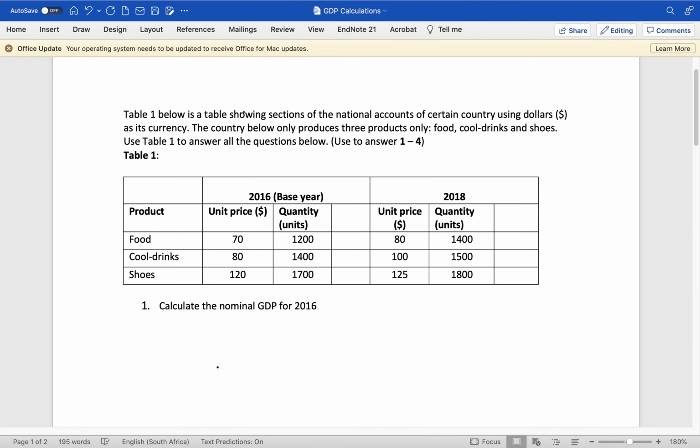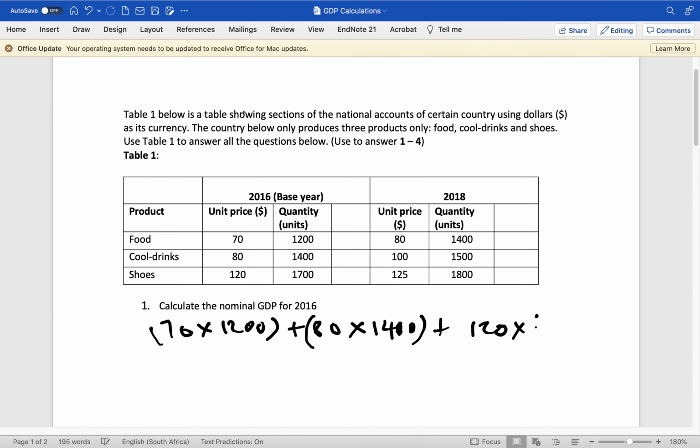So what we're going to do in this example, because your nominal GDP takes the current year values, everything we are to add up or calculate in this example is from 2016, right? So now you need to say 70 times 1200 plus 80 times 1400 plus 120 multiplied by 1700.